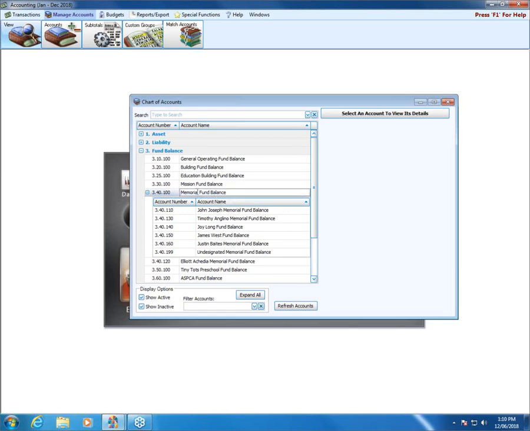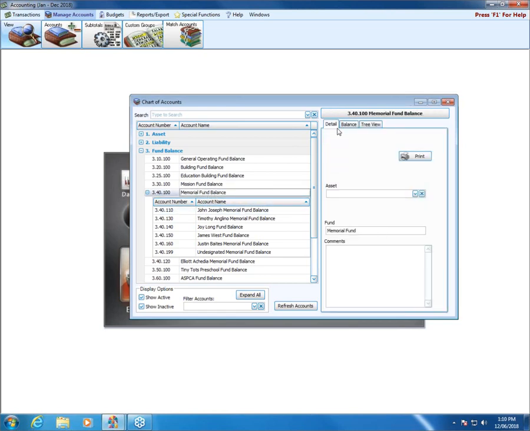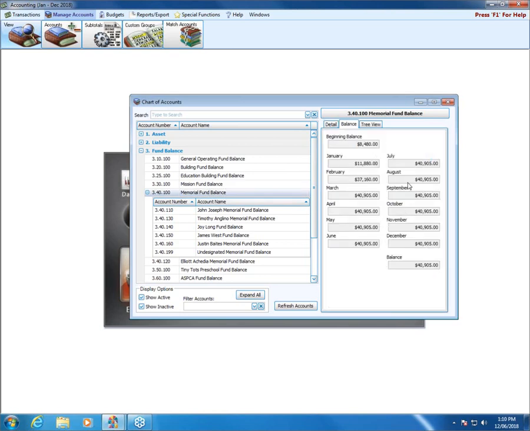When we click on our memorial fund and go to the balance tab to the right, this balance tab tells us the collective total balance of all our memorial funds.